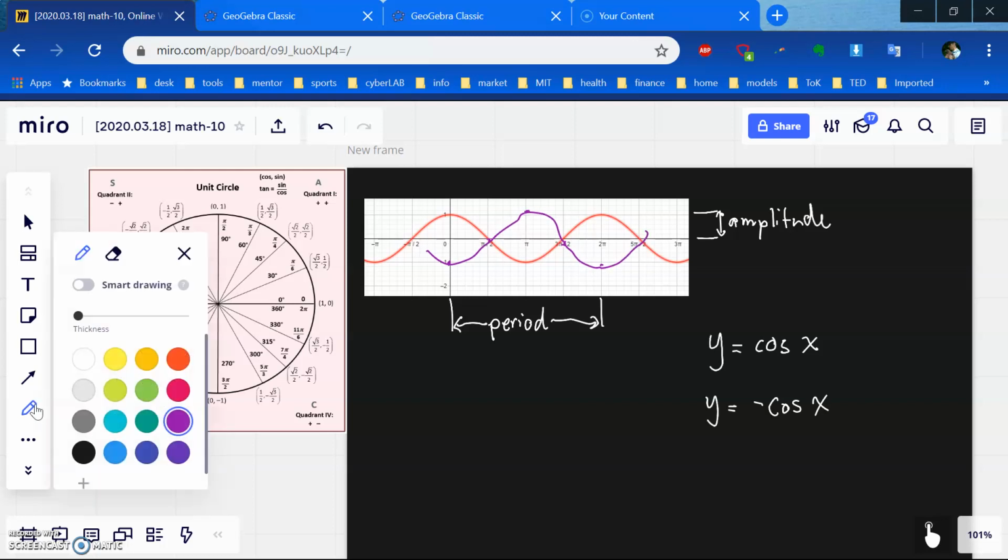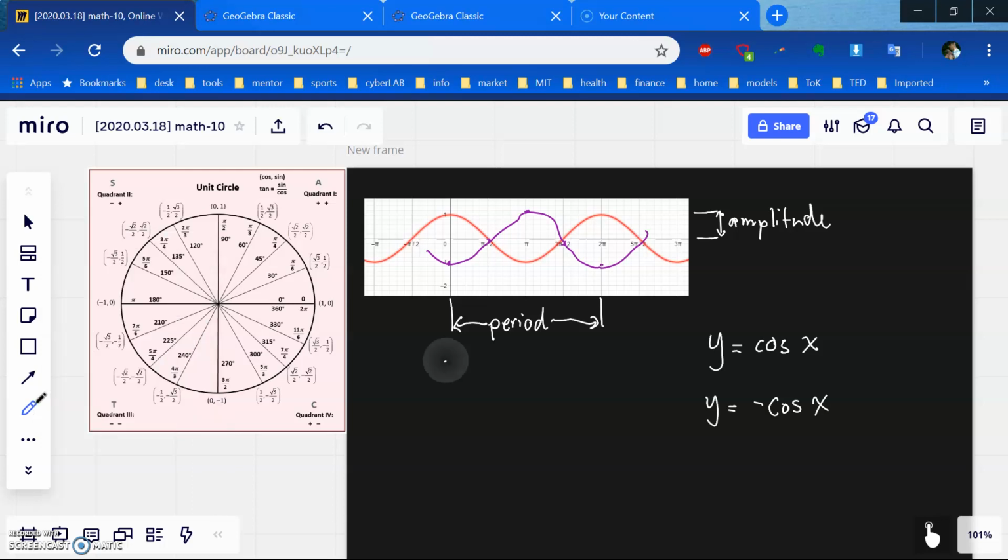But what about if we go negative? y equals cosine of negative x. Well, now when I'm looking at this, if I take, for example, this point here, instead of giving cosine pi over 2, I would give it negative pi over 2, which is, because it's symmetrical about the y-axis, it would be the same.